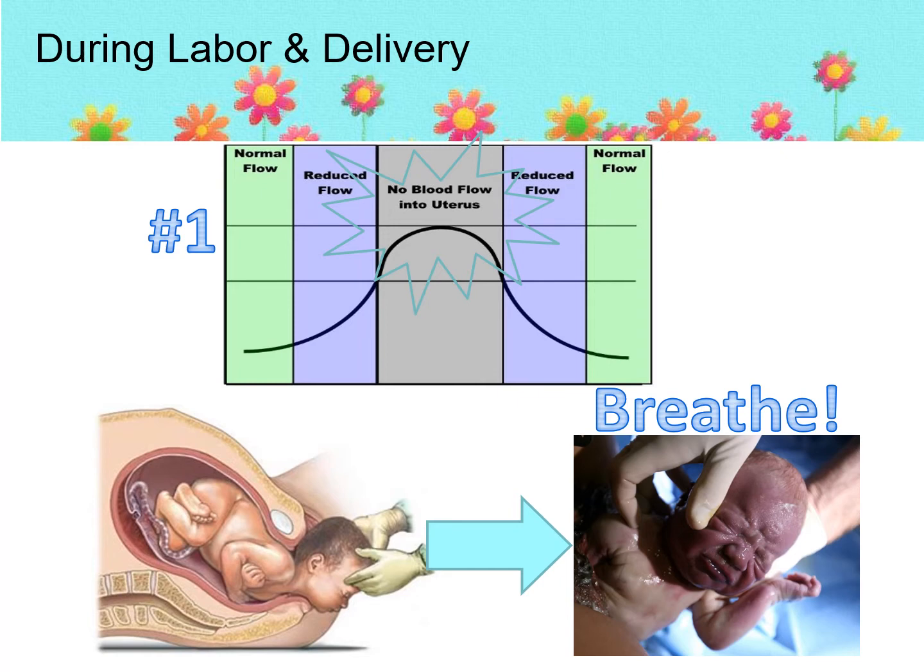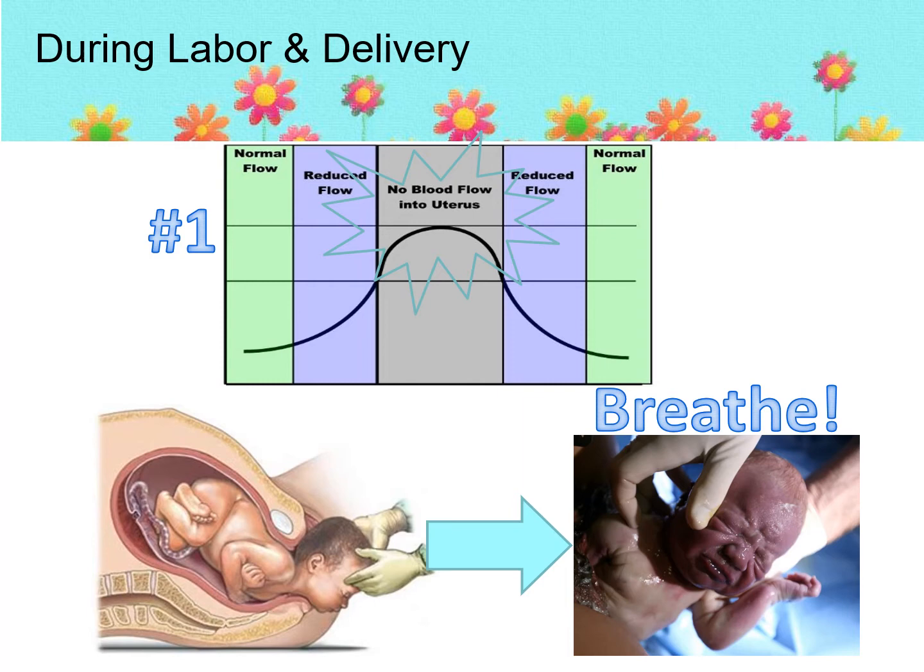So if you remember, in the top picture there, during labor, all flow to the baby is cut off at the peak of a contraction. That means there's absolutely no blood flow to the uterus, which means no oxygenation.